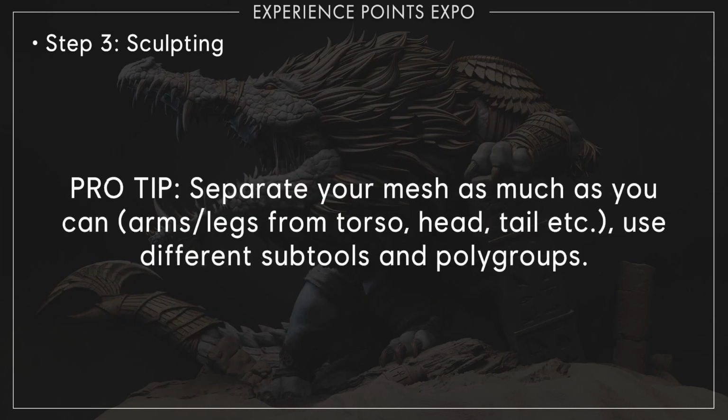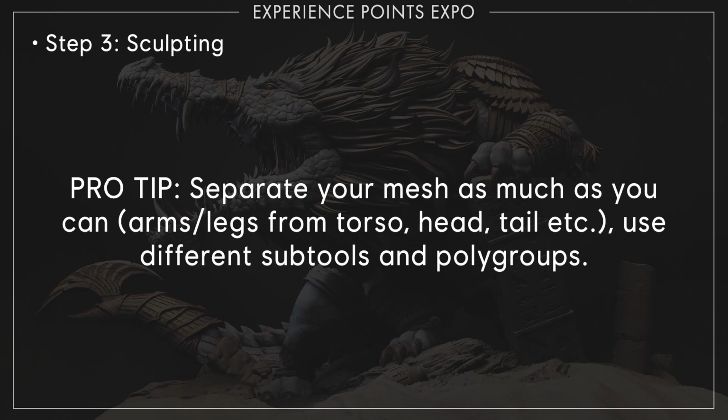Another thing that is super useful when working on 3D printed meshes, since it's not for real time or for films, is that you should separate your meshes as much as you can, like the arms and the legs from the torso, the head, the tail, I don't know, some armor pieces and stuff like that.